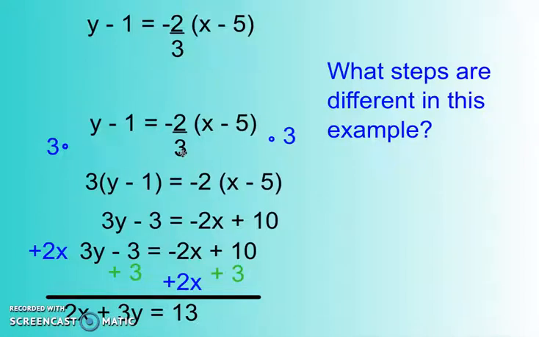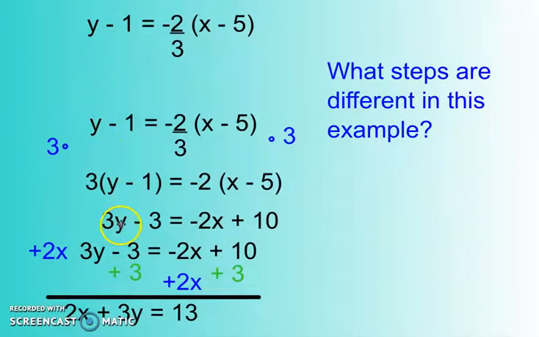Then notice what happens when I start multiplying everything by 3. On the left side, I'm taking 3 times y and 3 times 1. This is one way to show that we're using the distributive property when we take that 3 and multiply it through.